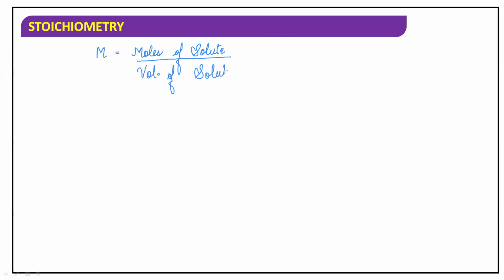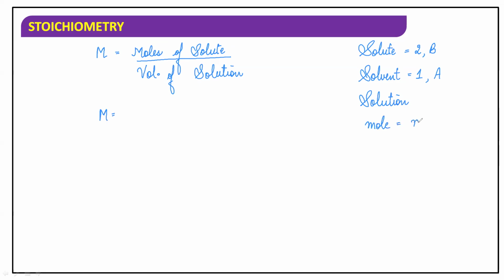Now a few things to be kept in your mind. Whenever we study, we have solute, we have a solvent, and these two combine to make a solution, right? So when you are doing numericals, solute can be designated as 2 or capital B. Solvent is designated as 1 or capital A. So if I put the symbols, what is the symbol for mole? The symbol for mole is small n.